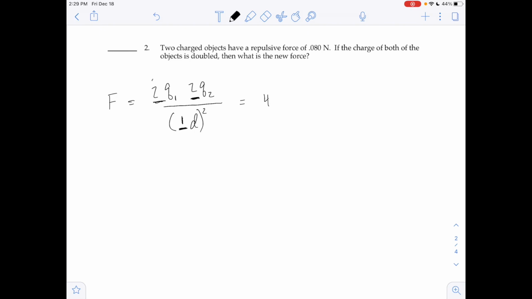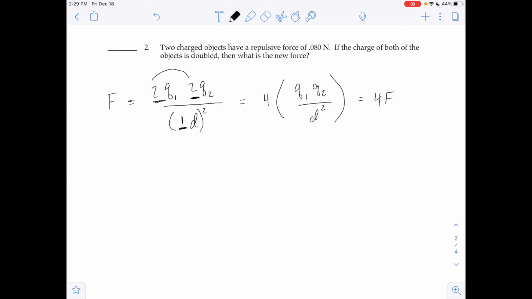Okay, and if we do that, then what we're going to get is 4. I'm just multiplying the 2 times 2 here. We're going to get 4 times all of that stuff again, so Q1, Q2 over distance squared. And this is just that force, so this is 4 times that force.